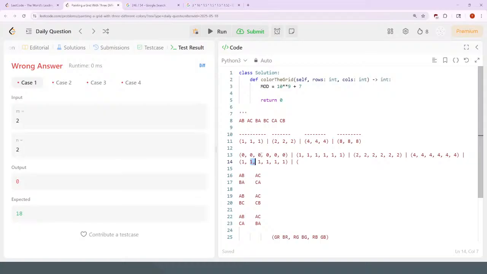And of those 2 ways to get an A here, the number of ways to get B here, well, the number of ways to get AB is obviously 1 out of 2, AC is 1 out of 2, AB is 1 out of 2, AC is 1 out of 2.